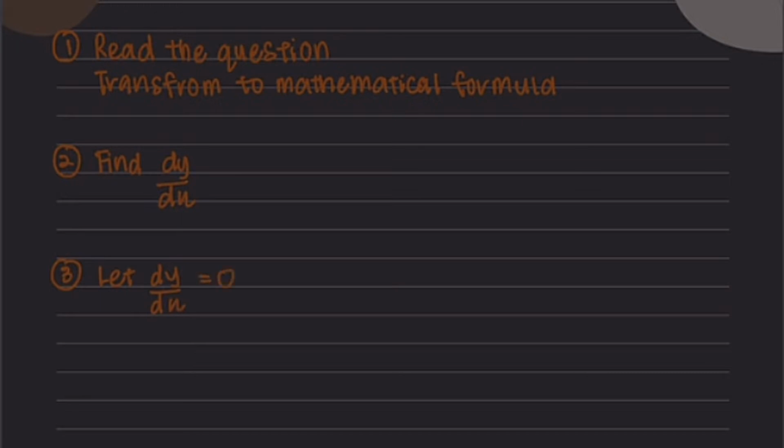So, we know that when we let dy over dx equal to 0, it should be either a minimum or a maximum, because when we have a graph like this, at the turning point here, dy over dx is actually 0. And at a turning point like this, dy over dx is also equal to 0.